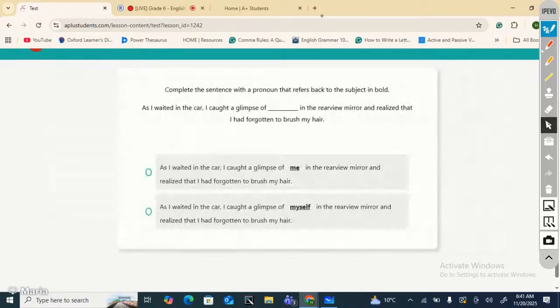As I waited in the car, I caught a glimpse of blank in the rear view mirror and realized that I had forgotten to brush my hair. So, is it I caught a glimpse of me or I caught a glimpse of myself? The subject is I. It is not in bold, right? This is the subject. Which pronoun refers back to this subject?